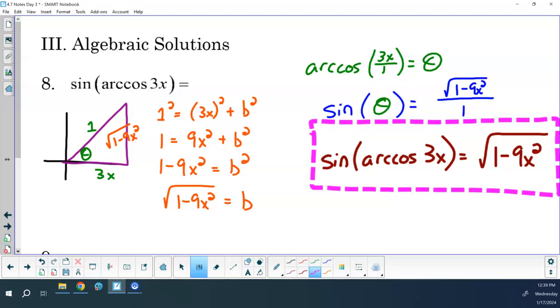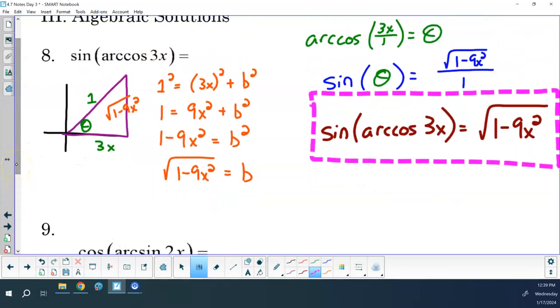Questions, comments, concerns, clarifications? In answer to the question that you're thinking, doesn't that radical simplify because 1's a perfect square and 9x squared is a perfect square? The answer to that is no, because the square root... That is Hall of Fame bad maths right there. So we've got to leave it as that.